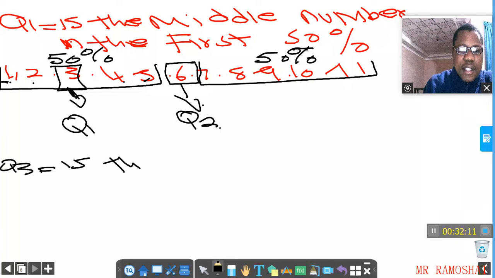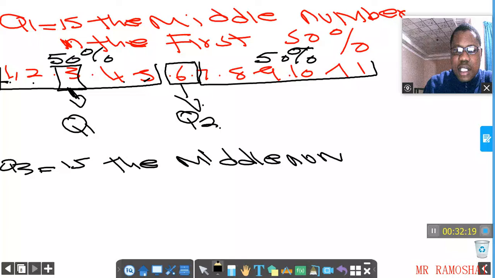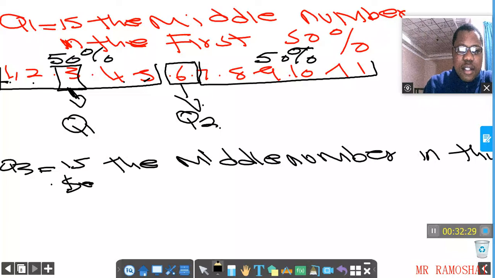Quartile 3 is the middle number in the second 50%. So let's check.